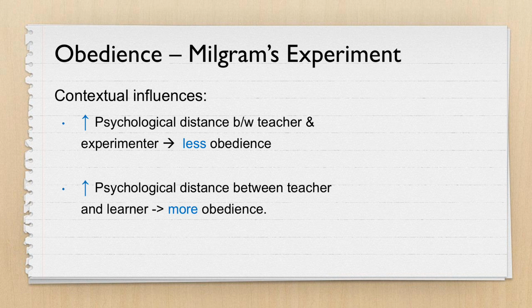Now let's talk about the psychological distance between the teacher and the learner. The teachers are the participants. So as the psychological distance between the teacher and the learner increases, obedience increases.